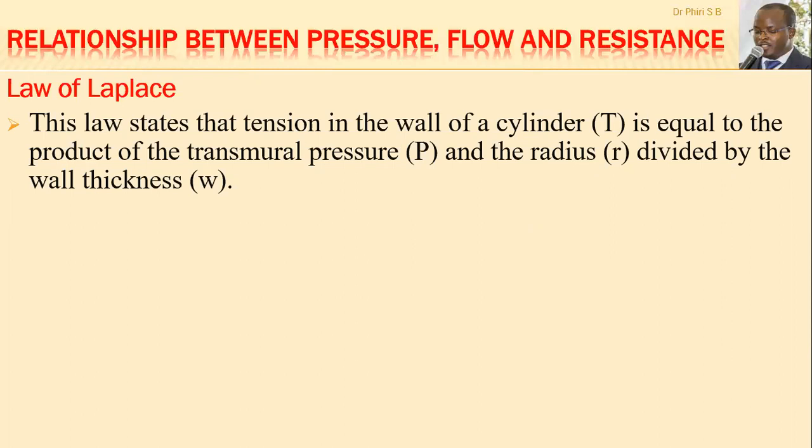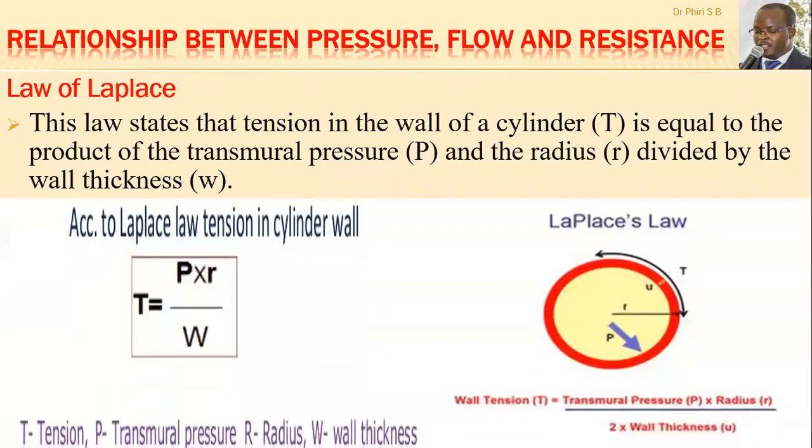It means that this tension is directly proportional to the transmural pressure and the radius, but it's inversely proportional to the wall thickness. So this is the equation for the law of Laplace.